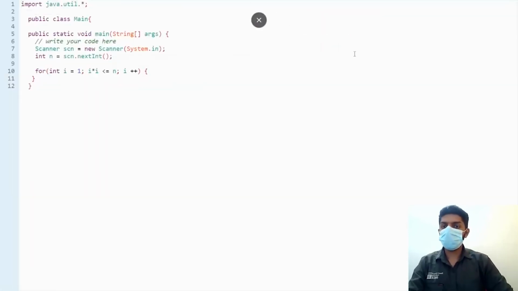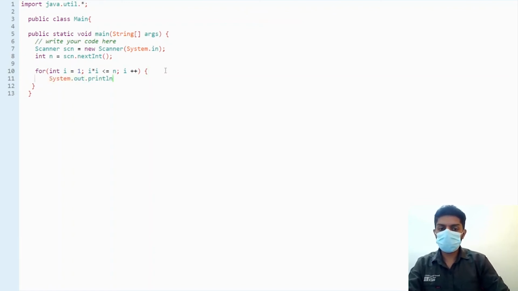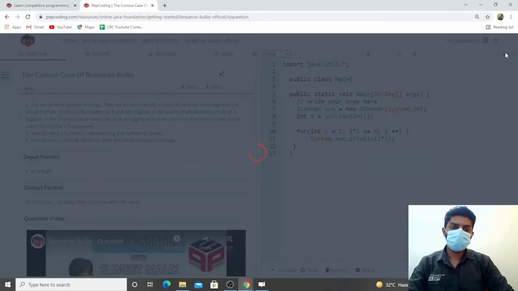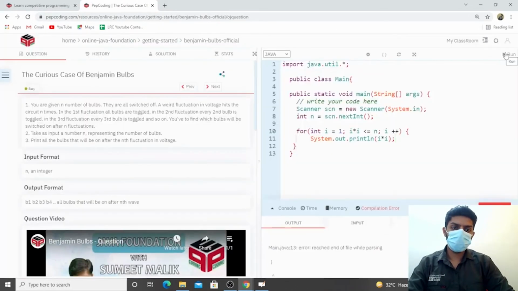And we print System.out.println, not i but i star i, right? Yeah, so hopefully this should work. And we have a compilation error that it has reached end of line.